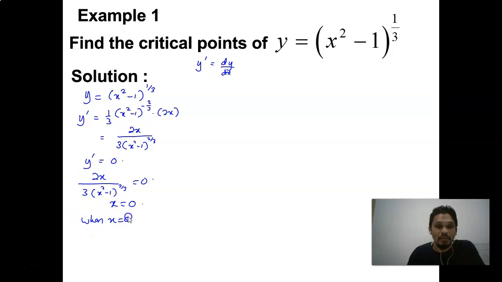When x equals 0, y equals (0 squared minus 1) to the power of 1 over 3, so negative 1 to the power of 1 over 3 equals negative 1. So one of the coordinates, the critical points here, is (0, negative 1).